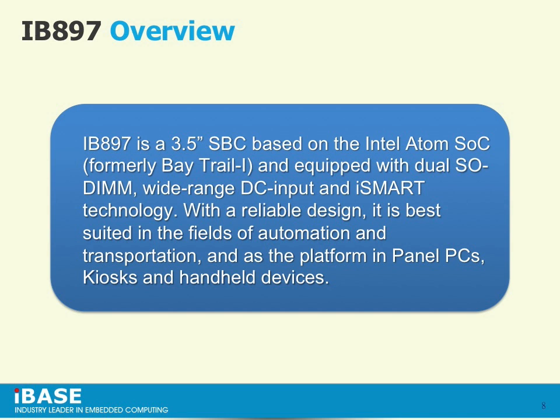You can put in 2 memory modules, so that the board runs with dual channel memory, and also this board has wide range DC input, from 9 volts to 30 volts. So this will be very helpful and very necessary for our customers' requirements.